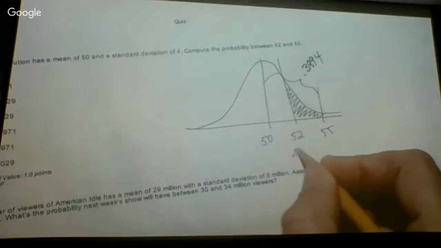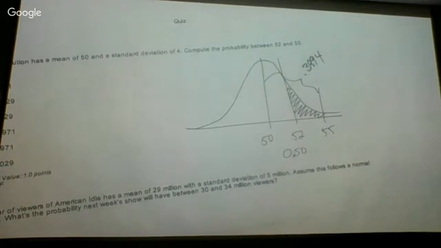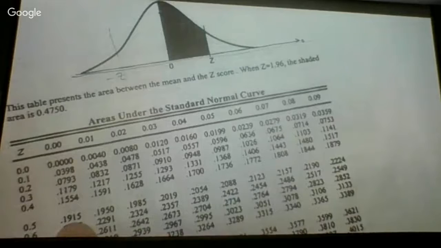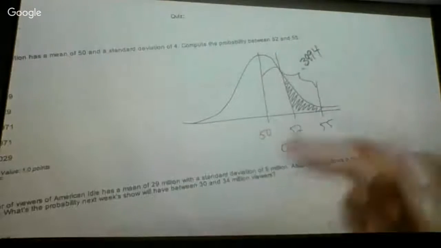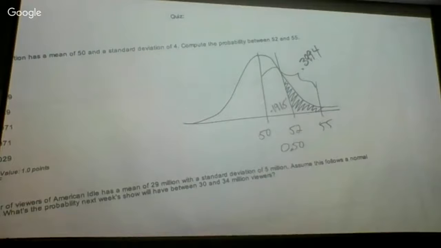0.50. That's our z-score. Now what do you want me to do, Tiff? Go to the chart and then find the area. So it's 0.1915. 0.1915 is the area associated between these two. What shall you have me do with those two areas, Tiffany?